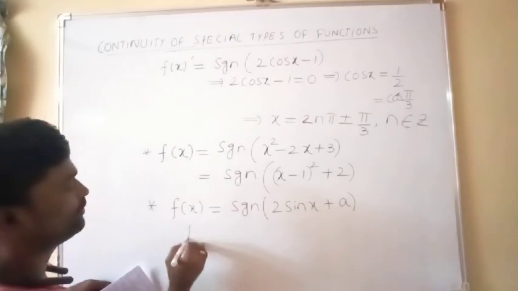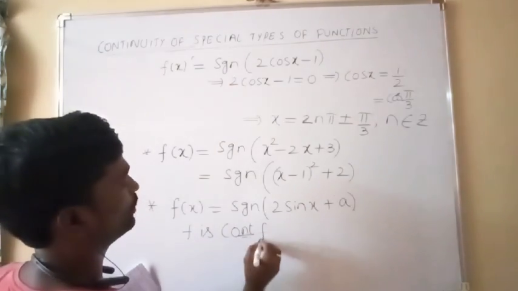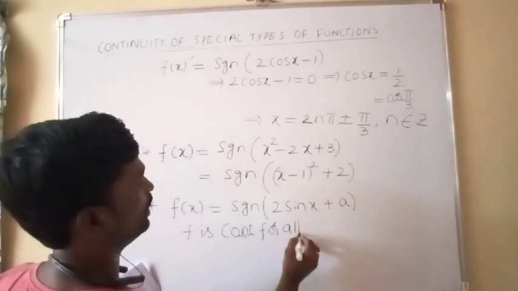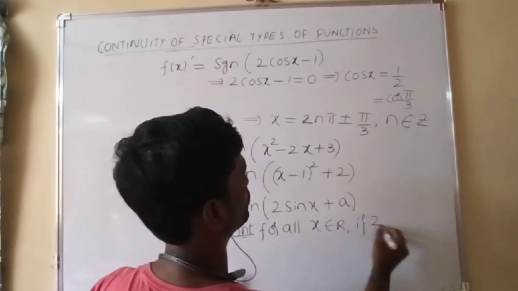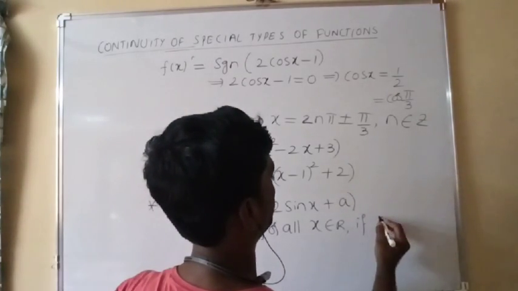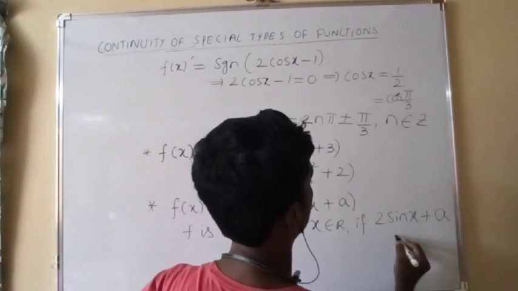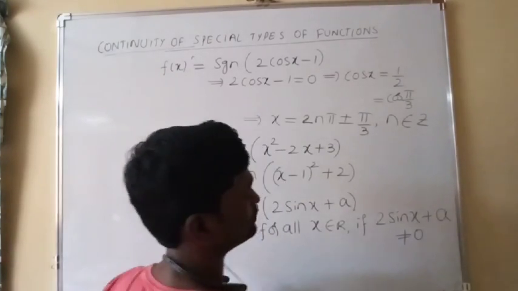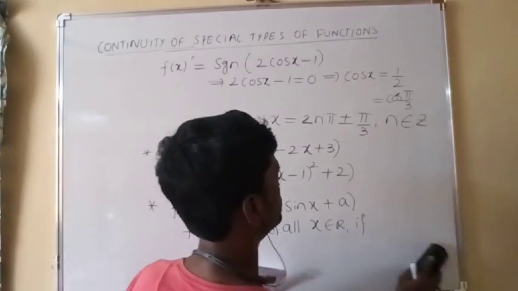So f is continuous for all x belongs to R if 2 sin x plus a should not be 0. 2 sin x plus a not equal to 0.